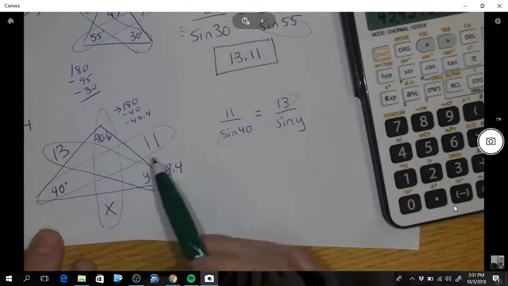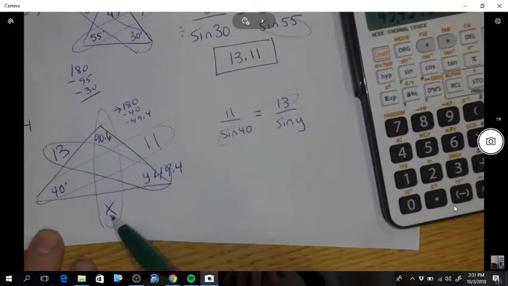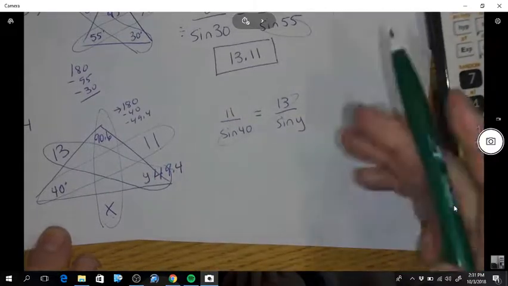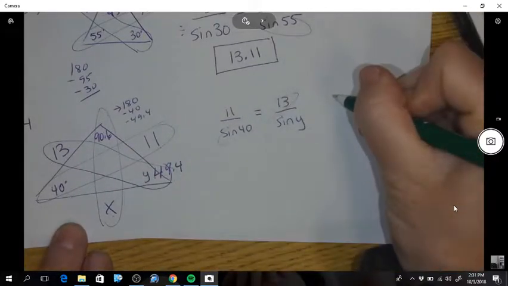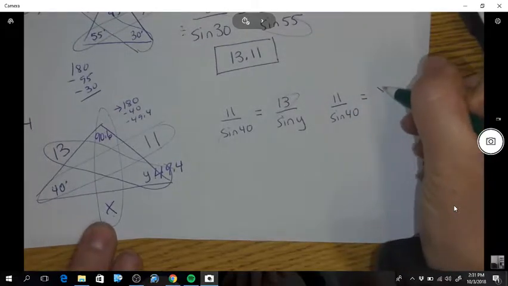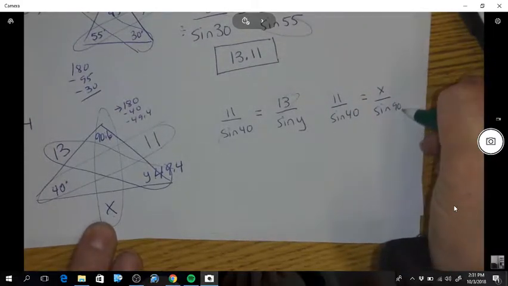So now I can see I have a known across the x, so I can use a ratio again. So 11 over sine 40 equals x over sine 90.6.